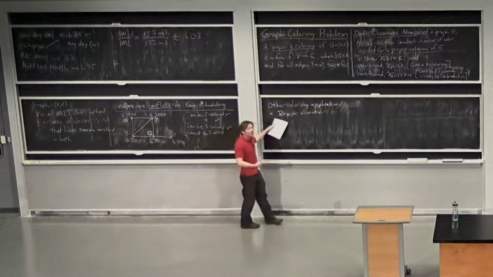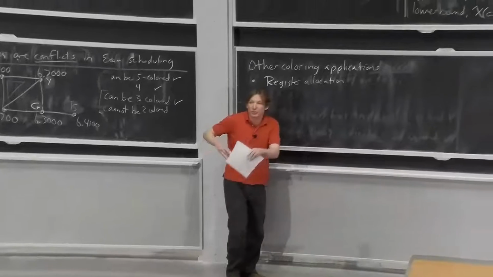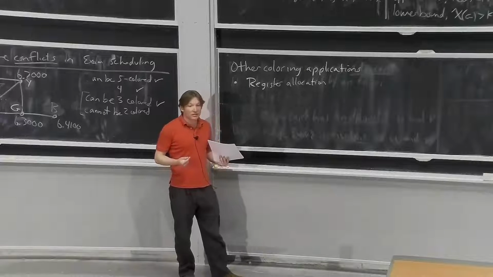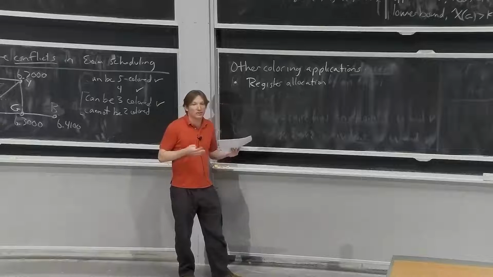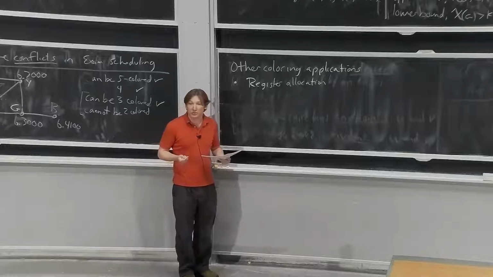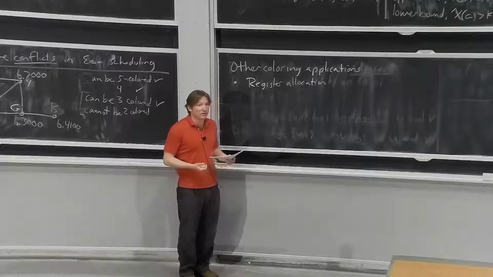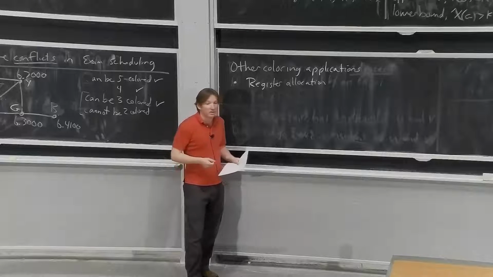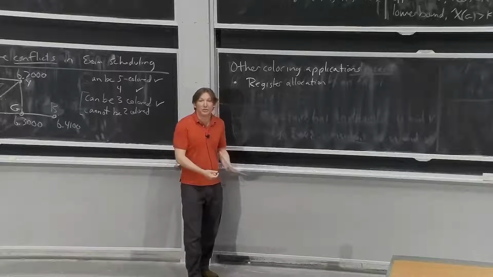So this application, register allocation: when you're computing multiple values, your processor has a small number, like 16 or 32 registers, which are really, really fast memory that it can do operations on. And in fact, it has to bring data into a register before it can compute on them, usually.